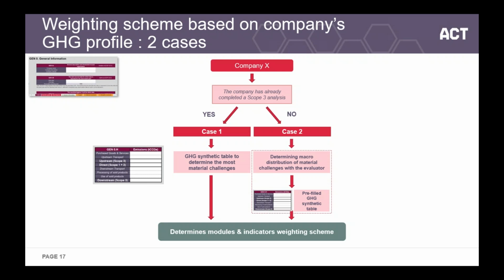The first one is the company has already completed a scope 3 analysis, and we have access to information and quantitative KPIs presenting where the greenhouse gas emissions occur in the value chain of the company. So this is, in a certain way, an interesting configuration because it's going to be based on data provided by the company.